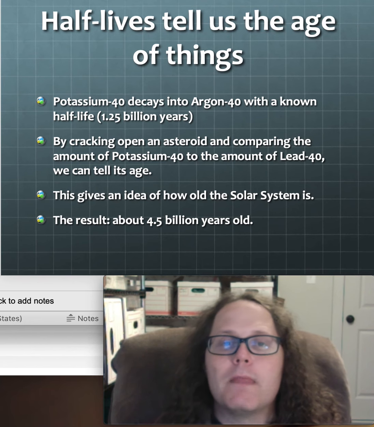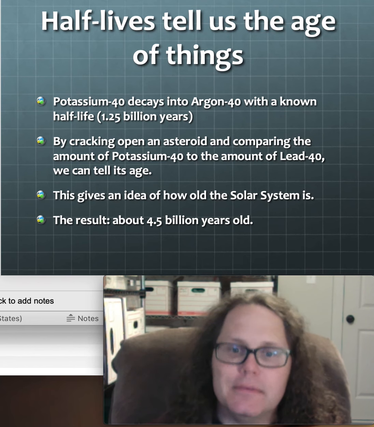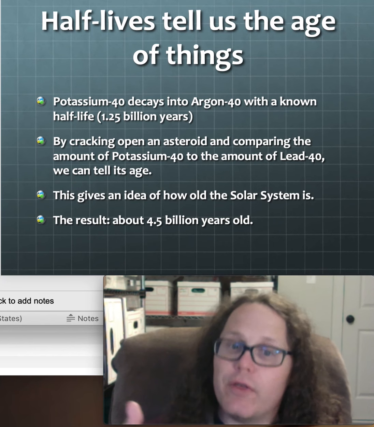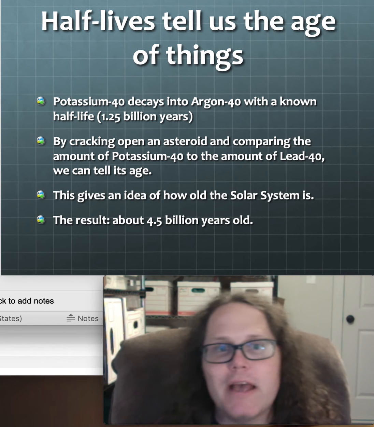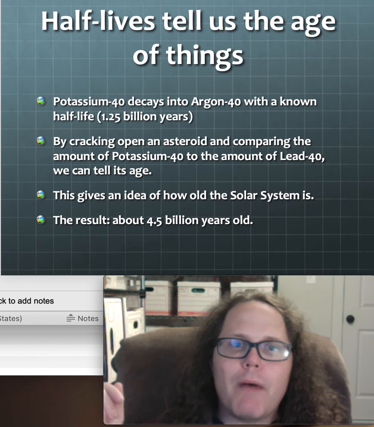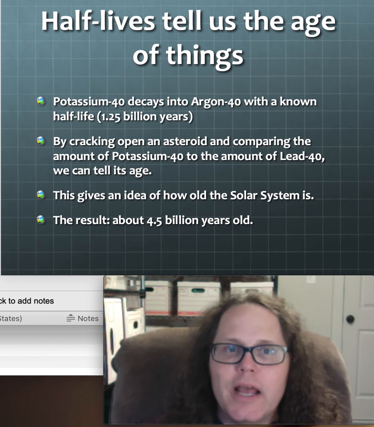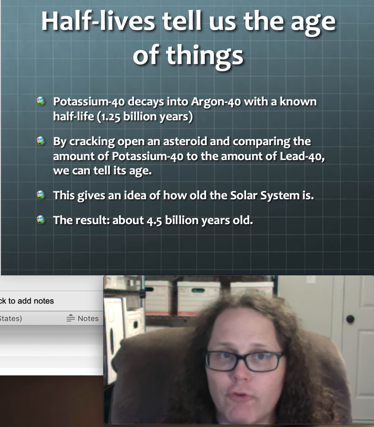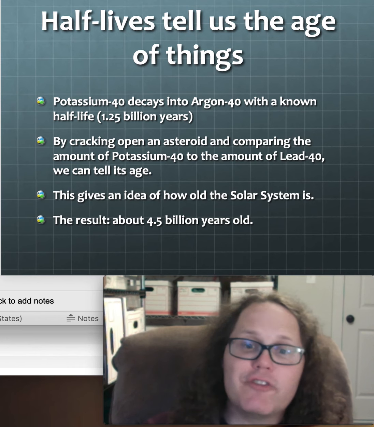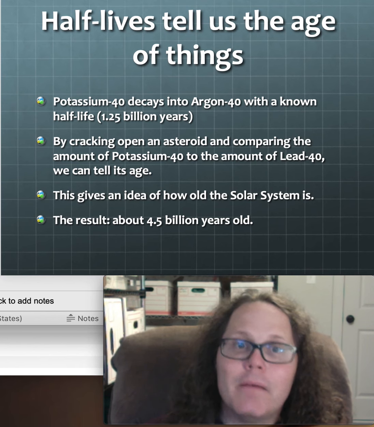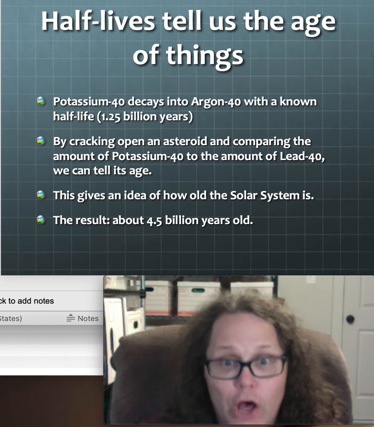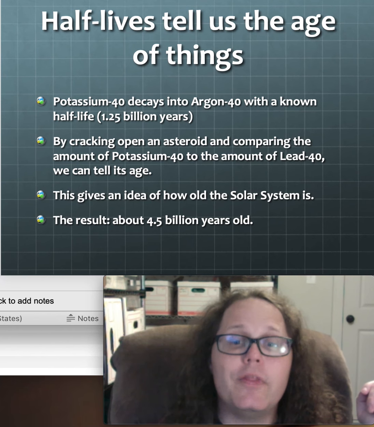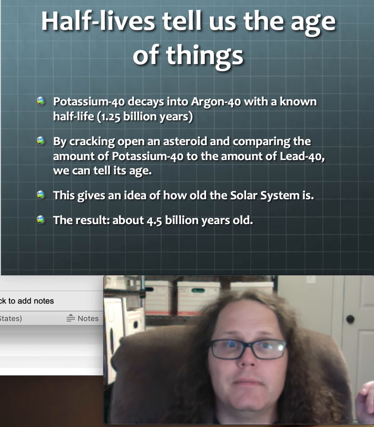For example, potassium-40, what's in bananas and asteroids, decays into argon-40 with a known half-life, one that's been measured in laboratory. So by cracking open an asteroid and comparing the amount of potassium-40 to the amount of argon-40, we can tell how much of the potassium has decayed, which means we can tell how long the potassium has been decaying, which means we can tell the age of the asteroid.